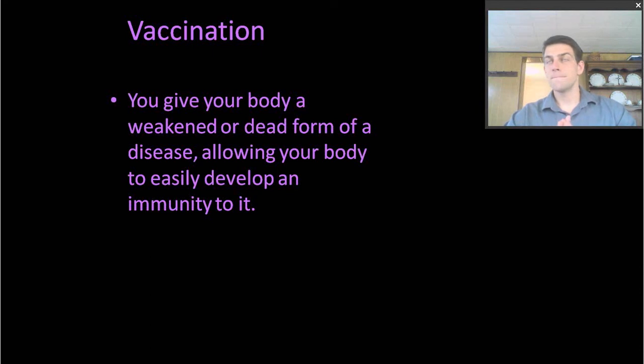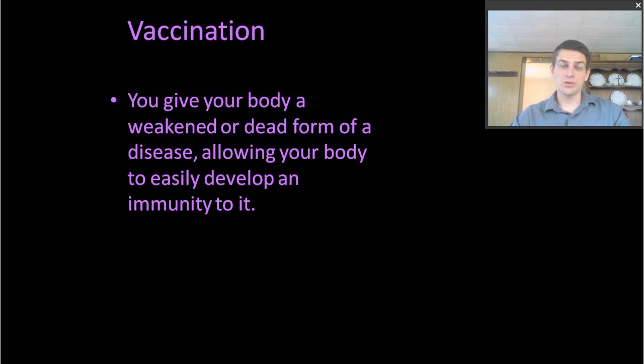Now, I'm pretty sure most of you, if not all of you, have been vaccinated at some point. A vaccine is a way to acquire immunity without having to get very badly sick. The idea behind a vaccine is that if you can give your body the disease in a weakened form, like a weak or dead form of the virus, or a weak or dead form of the bacteria, then your body can fight those dead versions and learn to identify the antigens and make the antibodies and everything.